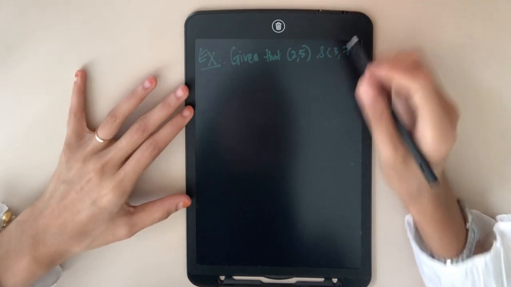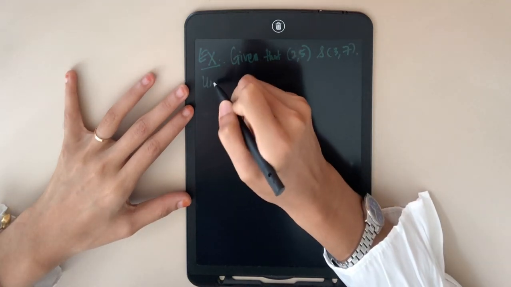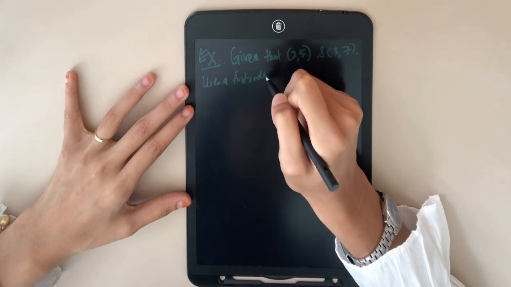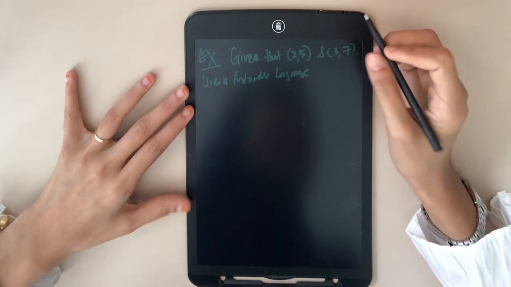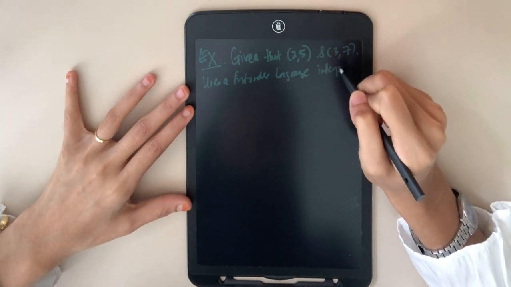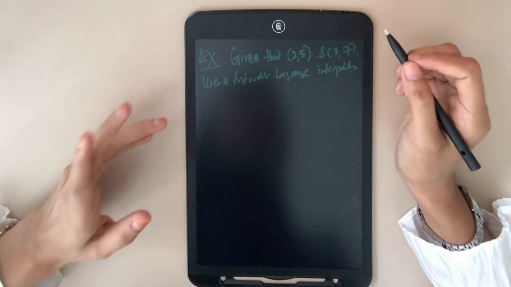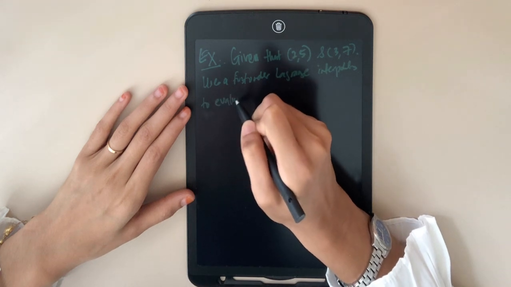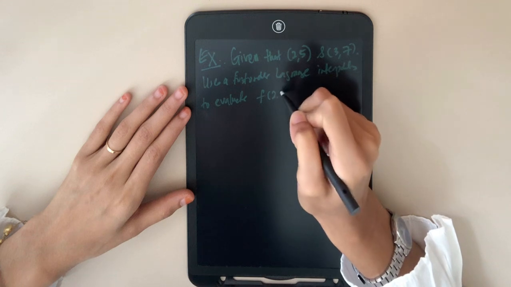Alright, so given that 2, 5 and 3, 7, the question asks you to use a first order Lagrange interpolating, which means the question asks you to find the linear one, to evaluate f(2.5).